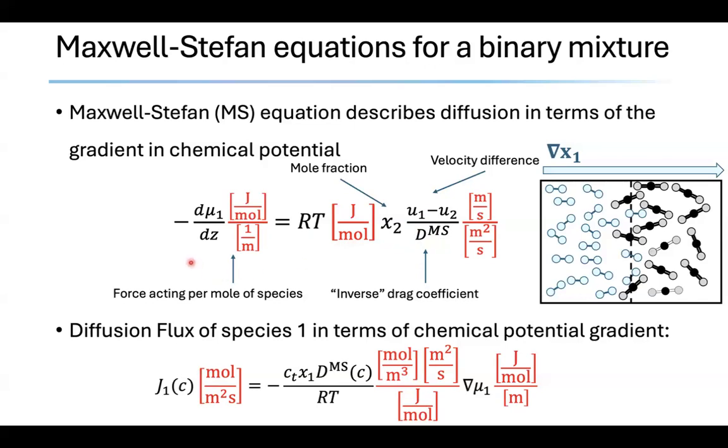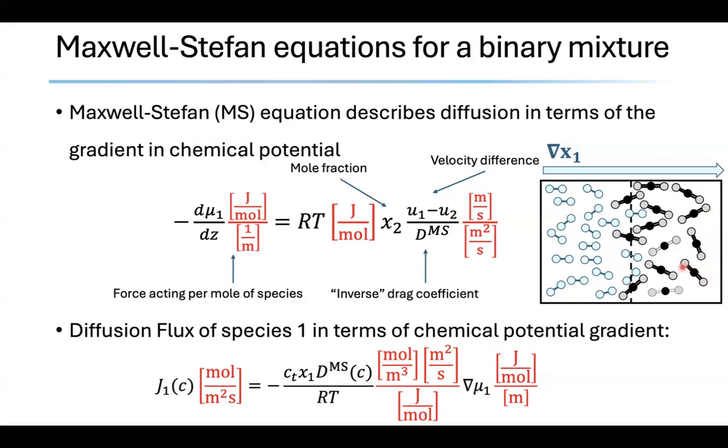What is important to note here is that this equation describes a balance between the driving force, which is the chemical potential gradient, and the drag force experienced by component 1 while diffusing in component 2. Now, intuitively, if a blue molecule is trying to intrude into this right half of this box, then it will face resistance by the black molecules within that box.